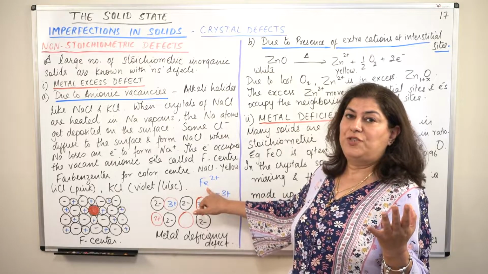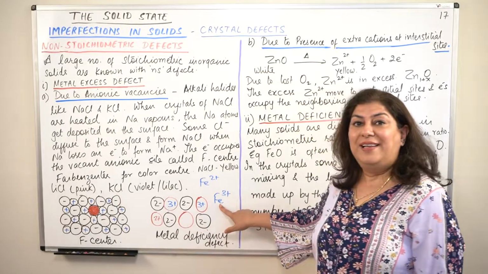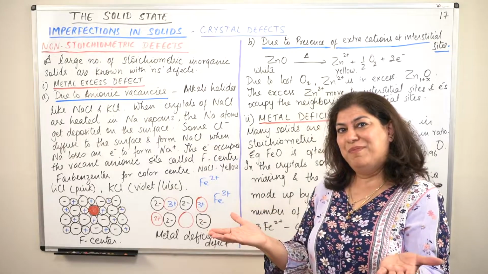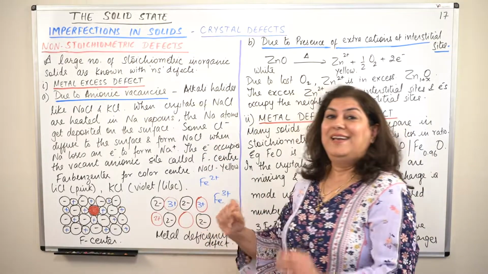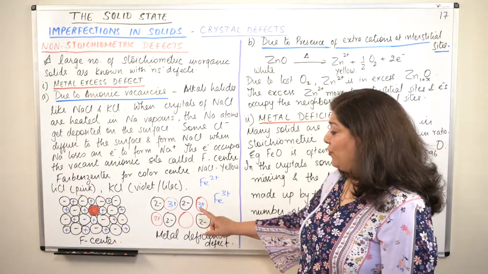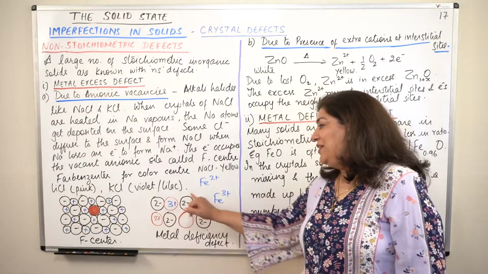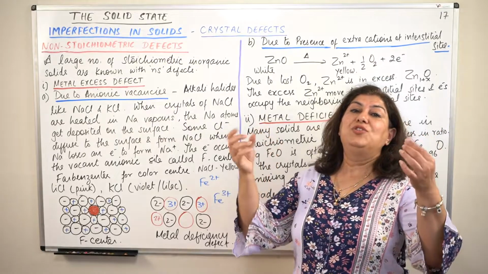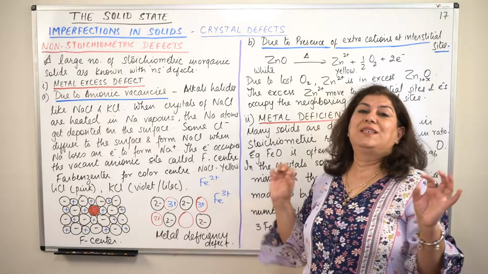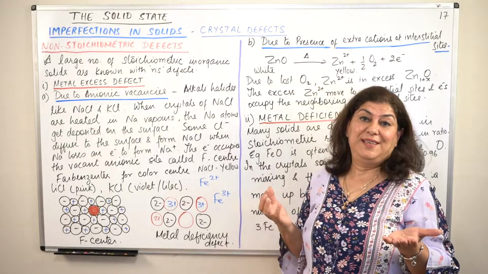So 3 Fe2+ ions should have had 6 positive charges. And 2 Fe3+ ions will also have 6 positive charges. So the number of positive charges has been maintained, but the ion has changed from Fe2+ to Fe3+. So for every one Fe2+ which is lost, 2 of the Fe2+ are substituted by Fe3+ ions, thereby maintaining the electrical neutrality.